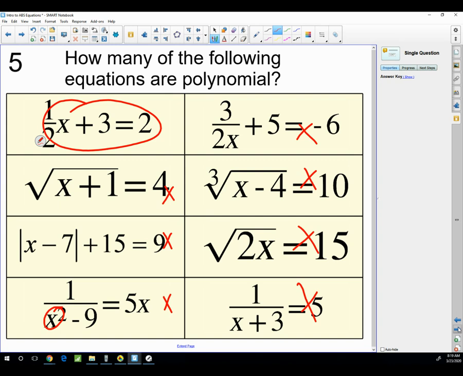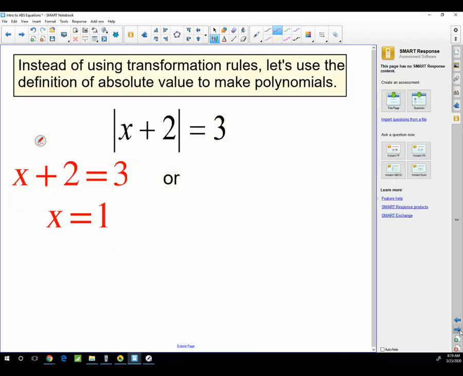That's kind of what we're studying. We're taking non-polynomial equations and making them polynomial, because if they're polynomial, they're so much easier to solve. That's why I keep emphasizing that. Okay, so let's get back to what we're doing here. Instead of using transformation rules, let's use the definition of absolute value to make polynomials.